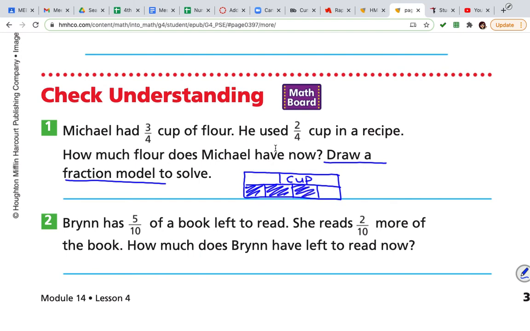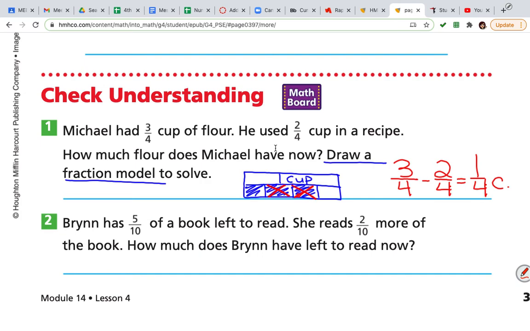He used 2/4 cups, so he used this and he used this. How much flour does Michael have now? Well, he had 3/4, subtract 2/4 equals 1/4 cup left. So Michael has 1/4 cup left.